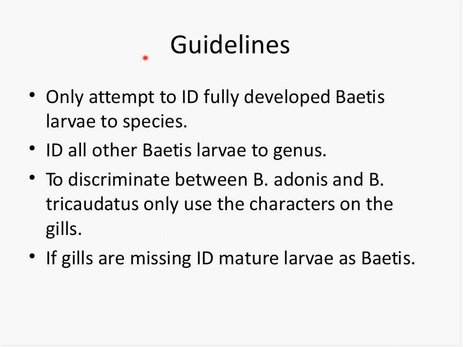And I'm going to show a couple of slides of the characters to use on the adults, and then I have some specimens here from Southern California, and I'm just going to go through the specimens and show what the mature larvae look like that we'd like you to attempt, and basically show you what the specimens that we just want you to leave at Baetis from now on look like. And after that's over, we'll be going on to maybe some more questions, and we could talk about this a little bit. On the next slide.